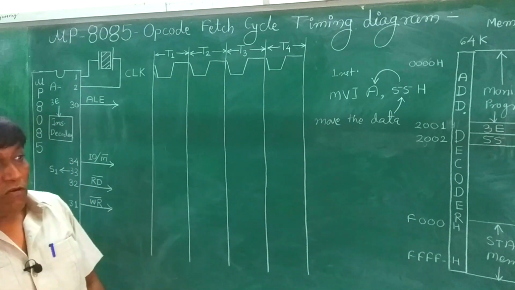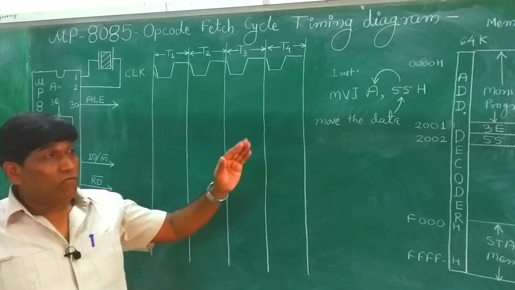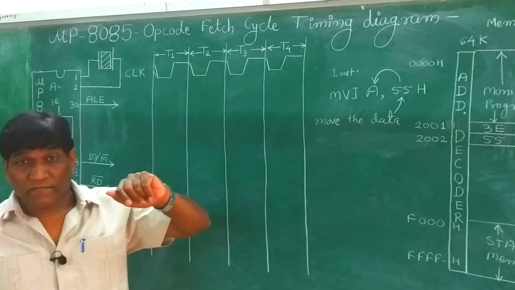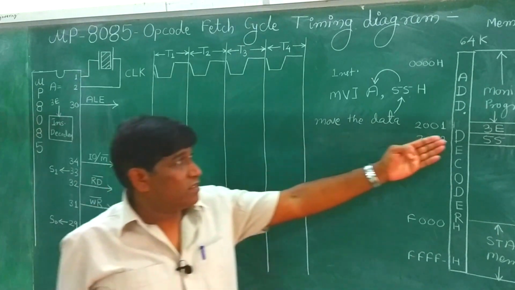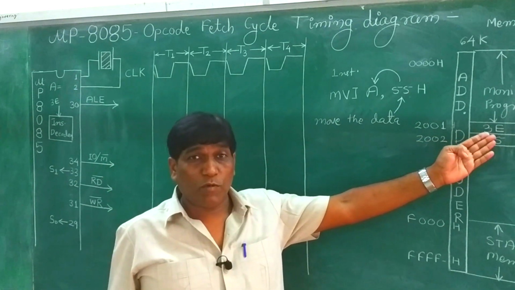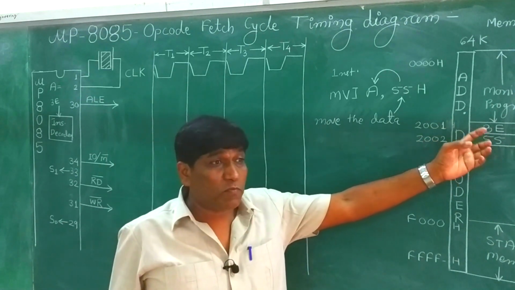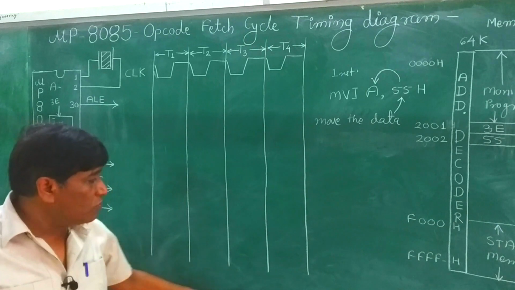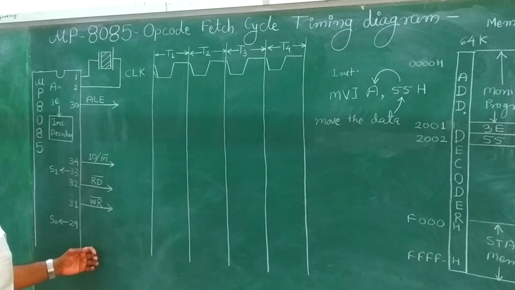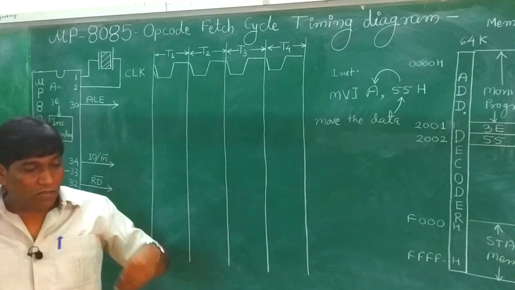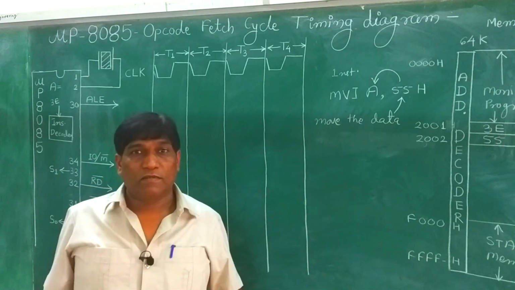Now the question may be, why 4 T states? Because the opcode is also a hex number, a binary number, which is to be inputted from memory to inside the microprocessor. Opcode fetch means to go and bring.